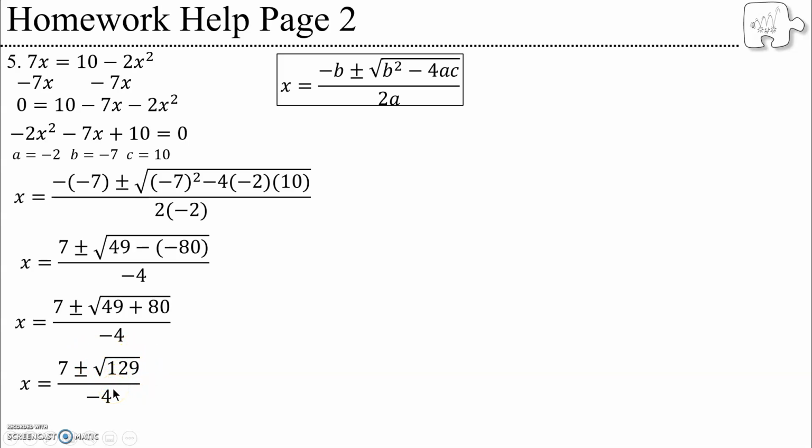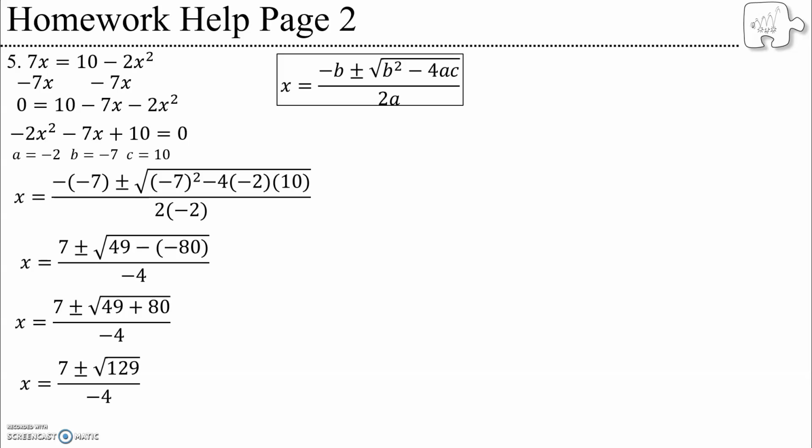So if you want the precise mathematical answer, you could actually just stop here and say this is your answer: 7 plus or minus the square root of 129 all over negative 4. If you prefer working with decimals, or if you just want to have that whole number answer, maybe you're doing this for a word problem, and they want a decimal answer.